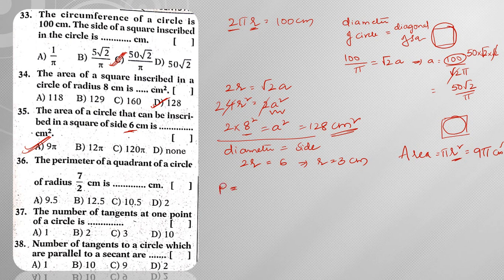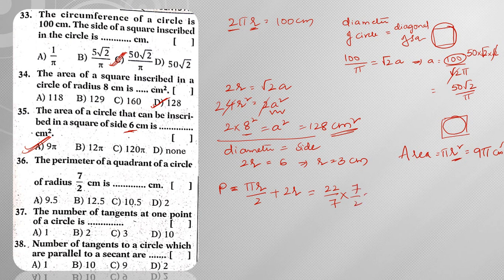Now, the perimeter of a quadrant of a circle is given by pi r by 2 plus 2r. Now substituting the values, pi is 22 by 7 into the radius 7 by 2.